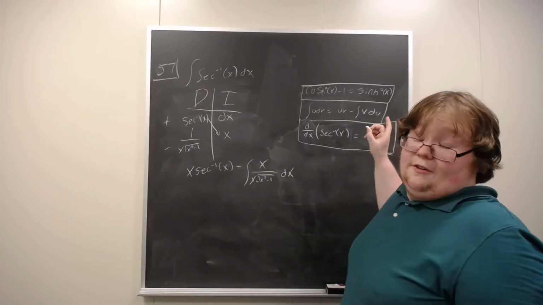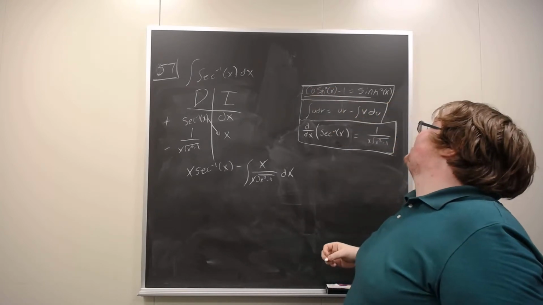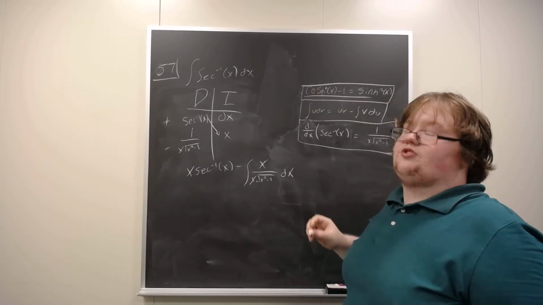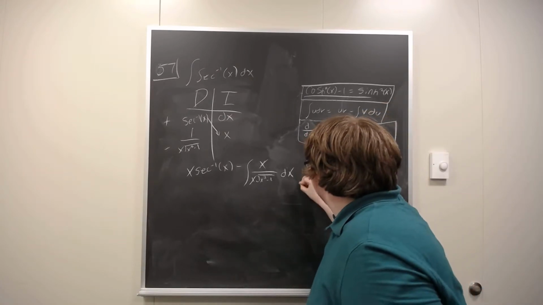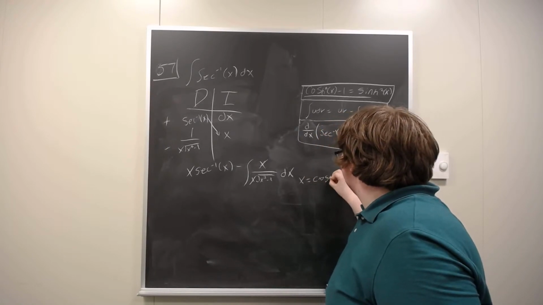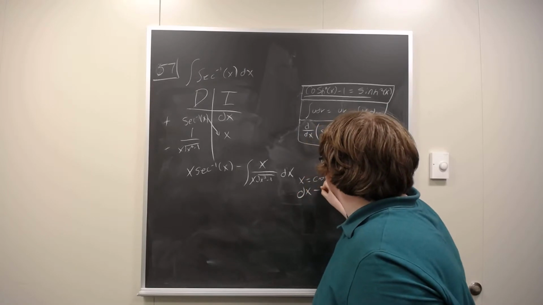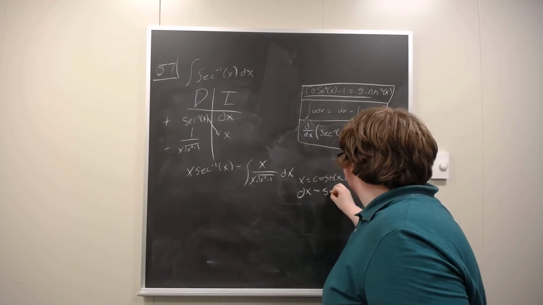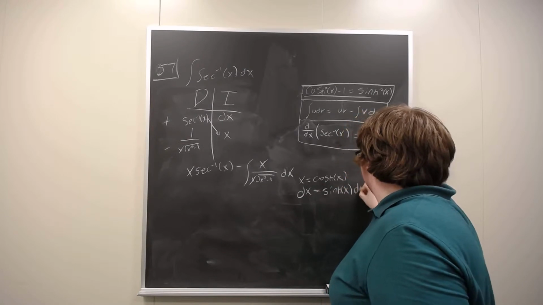We're going to use hyperbolic trig functions using this identity, which is cosh squared x minus 1 equals sinh squared x. So we're going to proceed by letting x equal hyperbolic cosine of theta. From here, take the derivative, we get dx equals sinh theta d theta.